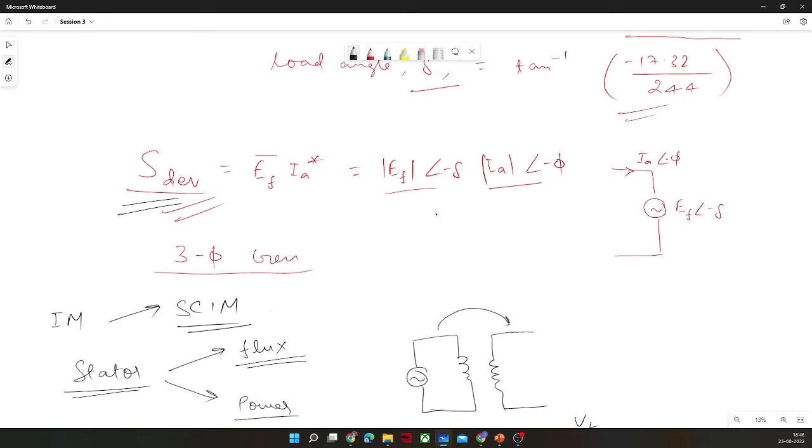Here, if I break it into two components, then anybody will be able to say that the flow of reactive power is from this to this. Generally in machines, if the machine is overexcited, it will always try to supply back to the grid or to the load. If it is underexcited, it will always try to take from the supply. So there are two conditions.